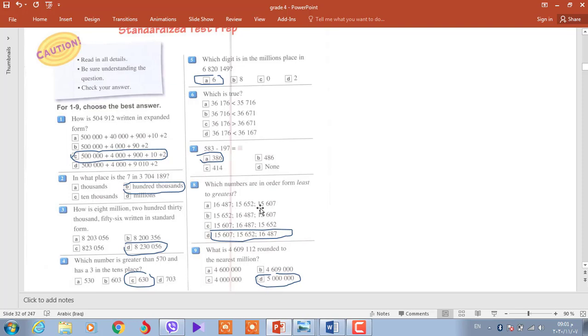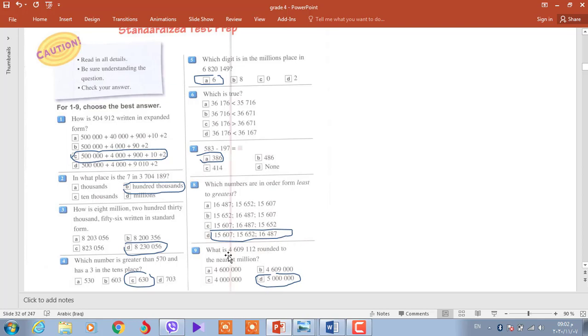It is greatest to least, so this one is wrong. B also is not ordered, dear student. In C, we have 15,607, 16,487, 15,652, so this one is also not ordered. But D, we have 15,607, 15,652, 16,487. This one is ordered from least to greatest. This one is fine.